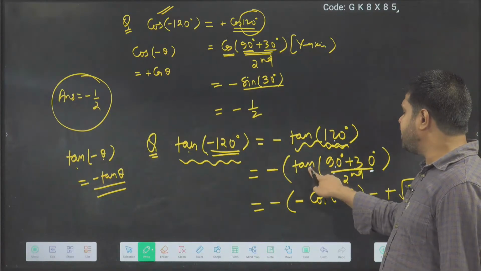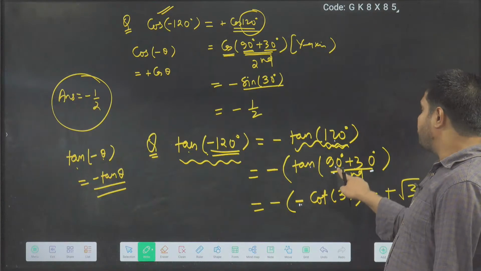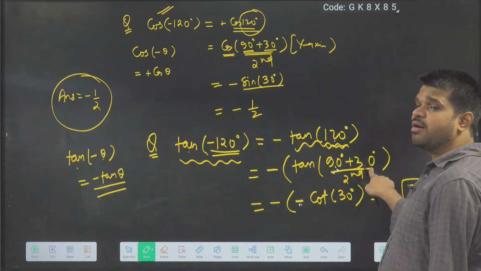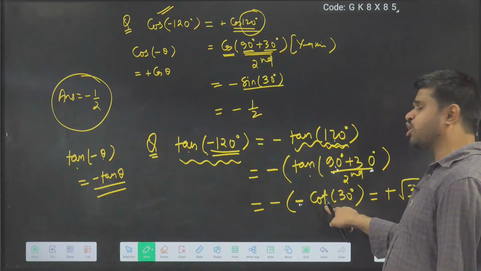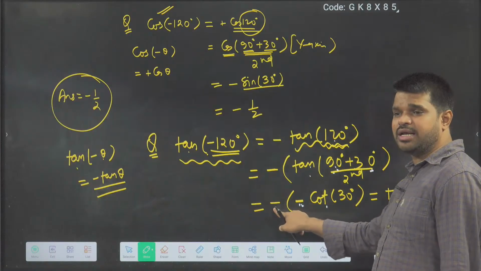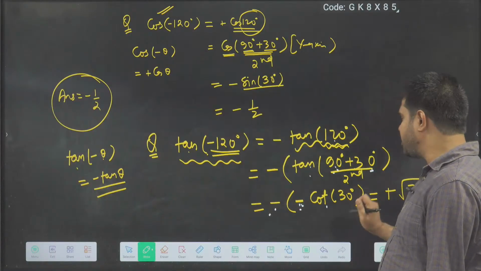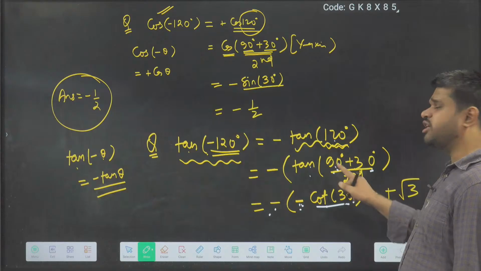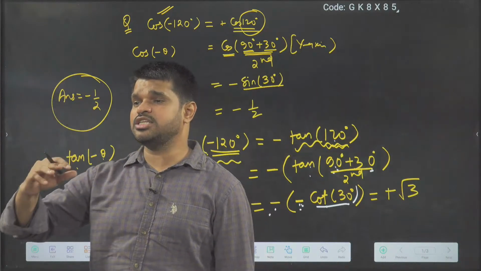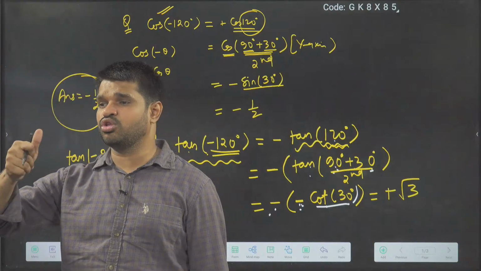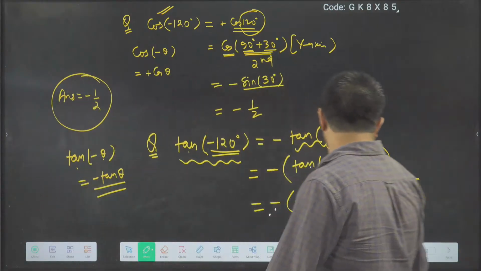In second quadrant, tan will be what? Negative. When I use 90 plus theta, the ratio gets converted to its complementary. So tan becomes what? Cot. Minus minus becomes what? Plus. And cot 30 is reciprocal of tan 30. Tan 30 is 1 by root 3. Reciprocal of 1 by root 3 will be root 3. So answer will be plus root 3.